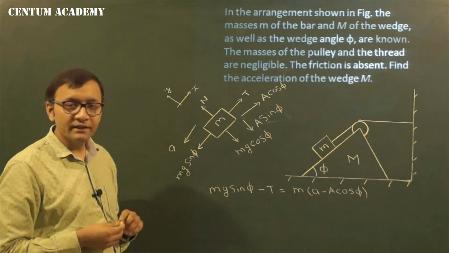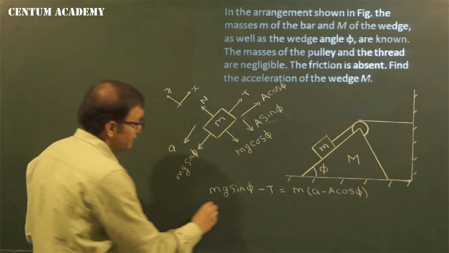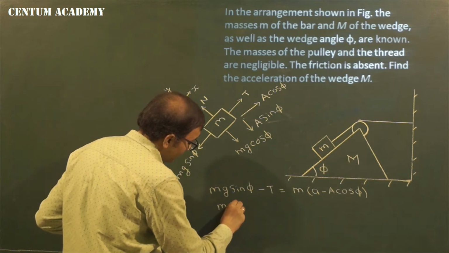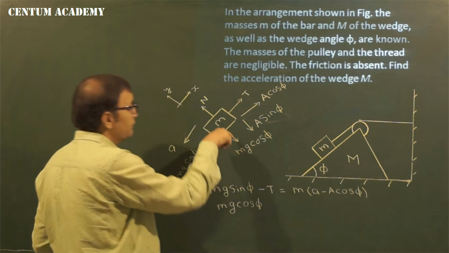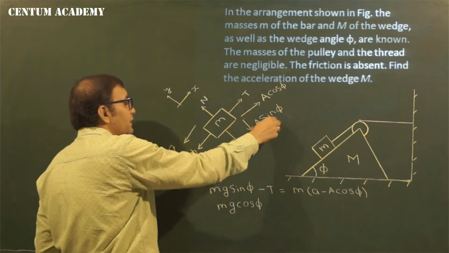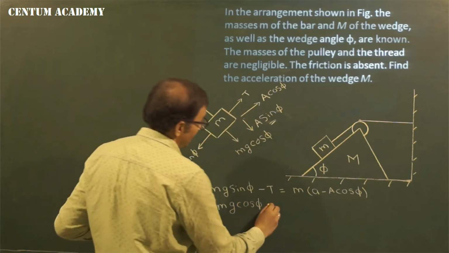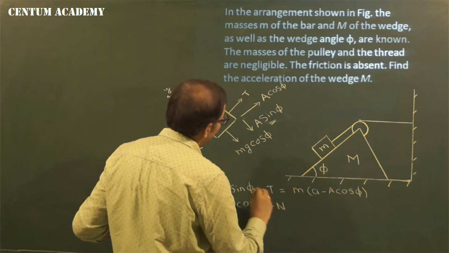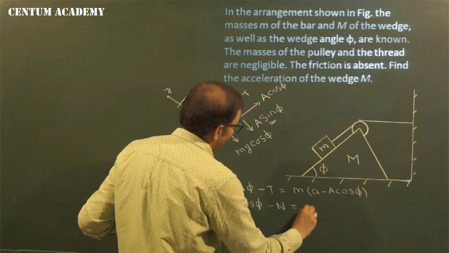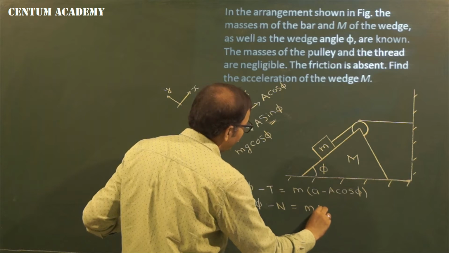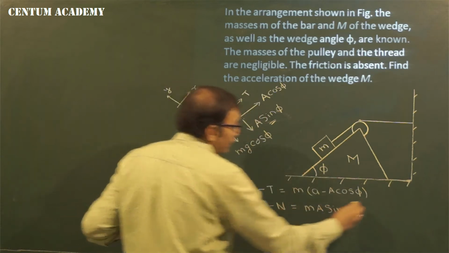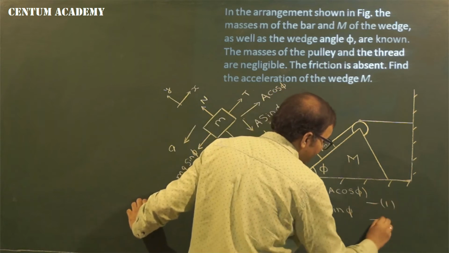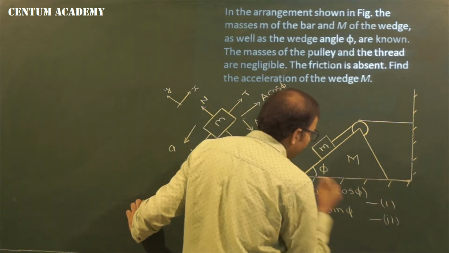This is along the x-axis. Along the y-axis, I'll get the equation as mg cos phi, that is a force along the direction of acceleration, A sin phi, minus N is equal to m into capital A sin phi, right? So this is, let us call it equation 1, and that is equation number 2.